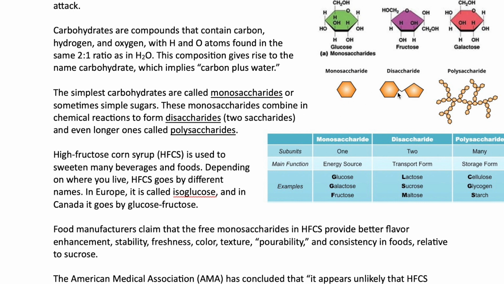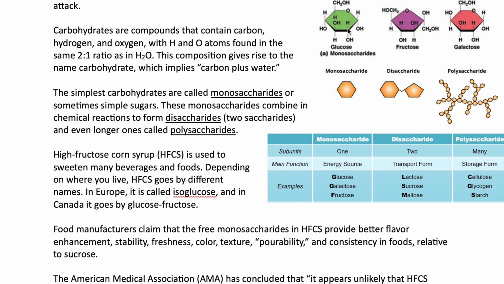So here's a monosaccharide. Here's a disaccharide that's composed of a monosaccharide that has a hexagonal structure and another one that has a pentagonal structure. And then those can combine further to form what we call polysaccharides, which might look like this. Going back to our discussion of polymers, this would be one of your naturally occurring polymers, okay?